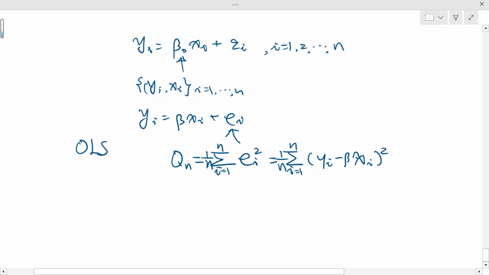This is the same as without dividing by n. So we choose beta to minimize this criterion.